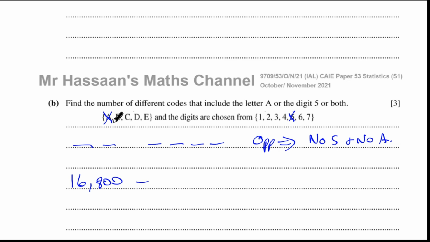We've got 2 to choose and arrange, so 4P2. For the numbers, we can't have any 5, so we have 6 numbers to arrange from, and 4 spaces.